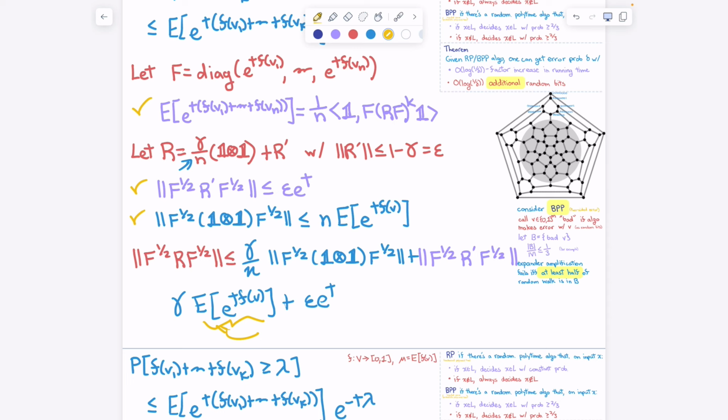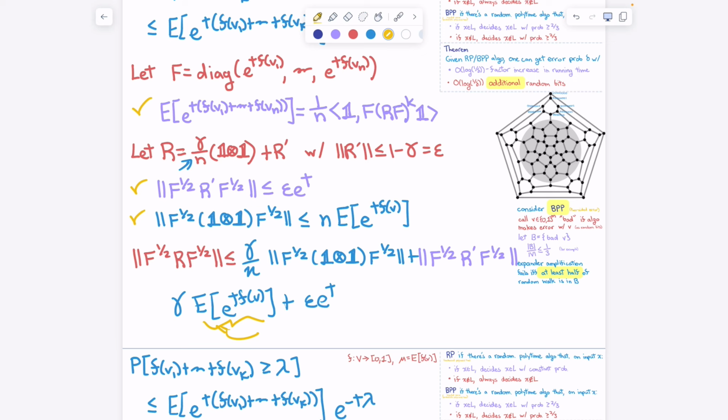Roughly 1 plus x squared over 2, and if you round up and say 1 plus x squared, e to the x is less than or equal to 1 plus x squared for x up to maybe log 2. You can work it out. Let's do that one.